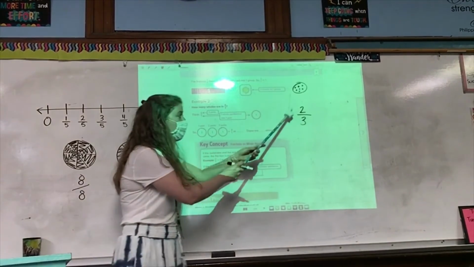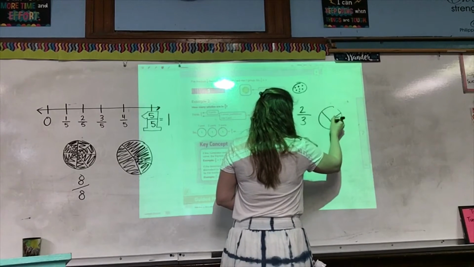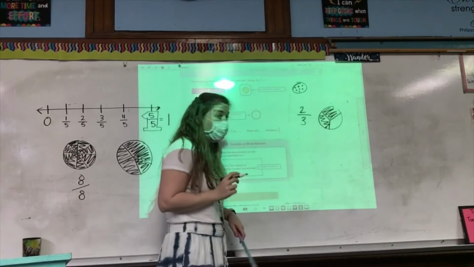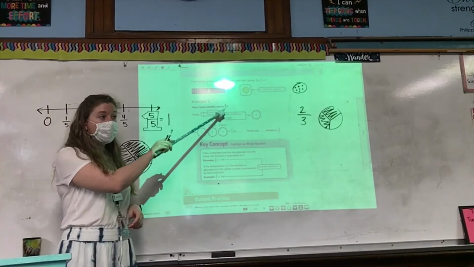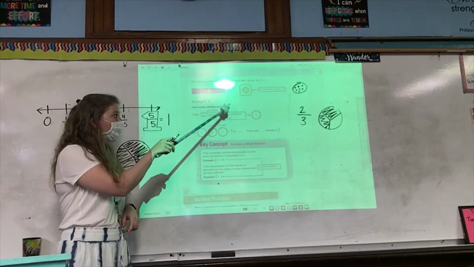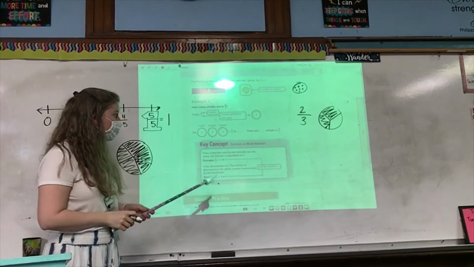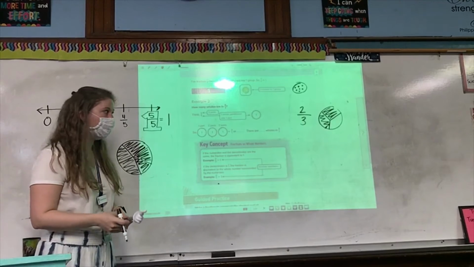Because if we have 2/3, then we know that means we have 2 thirds. So if we know that when a 1 is the denominator, we say the word whole, we know that 3 over a whole would be 3 wholes, which is 1, 2, 3 wholes.